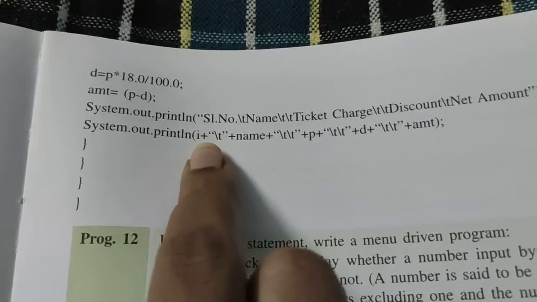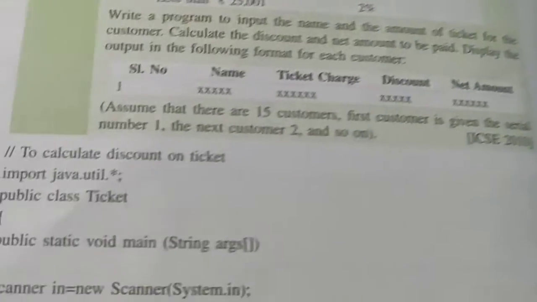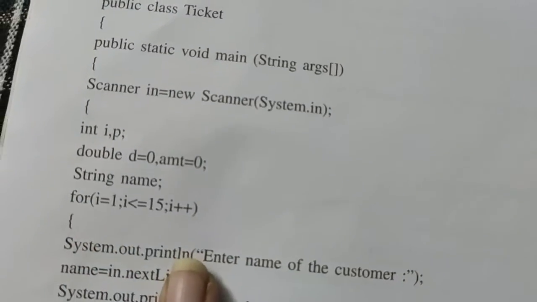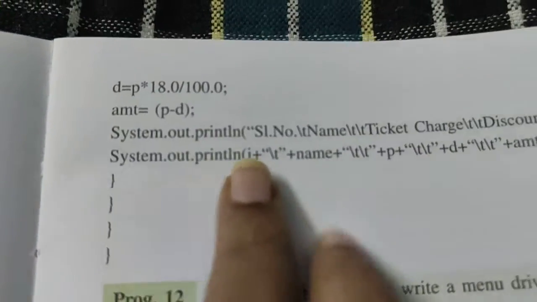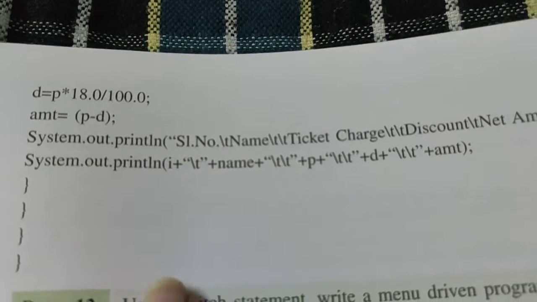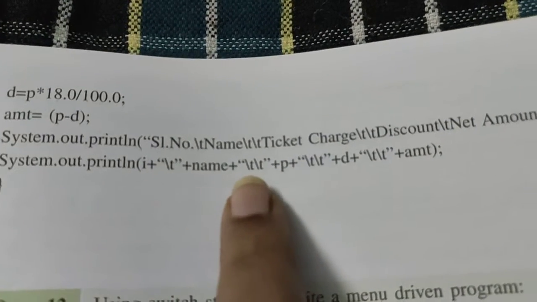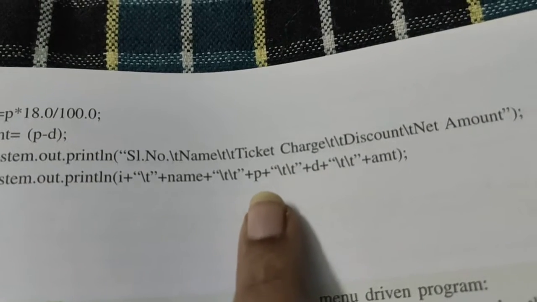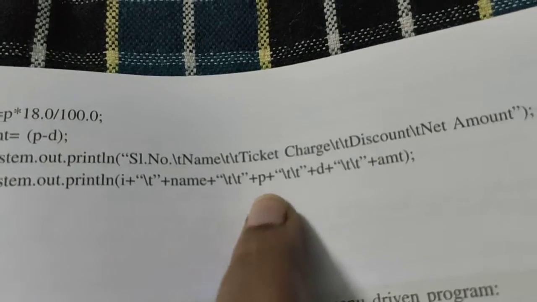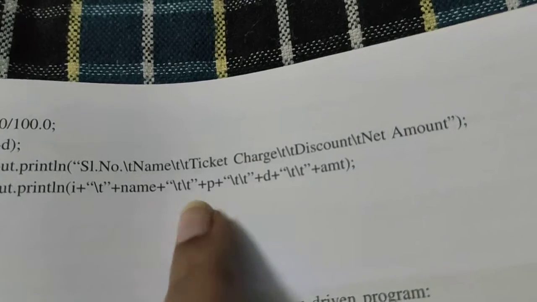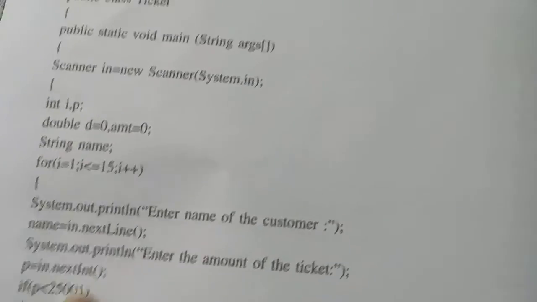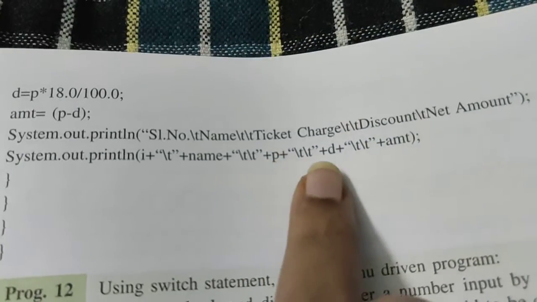System.out.println I plus. See, I said, as the iteration goes on 1, 2, 3 it will be going. So according to that, if you just print the I itself, you will get the serial number, and the name and the value, that is the price of the ticket the user is entering. Then the discount you are calculating here, according to the amount, that discount will be printed.